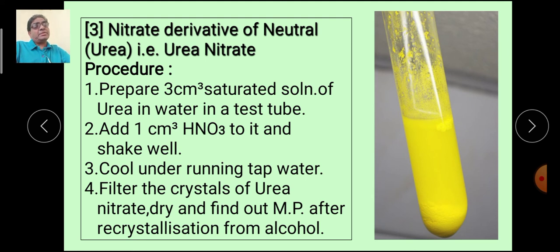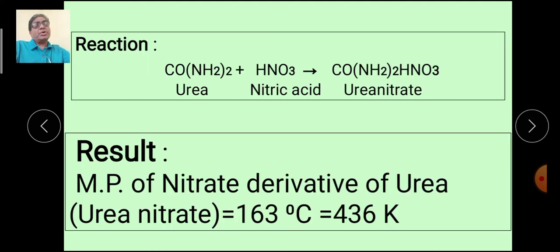The reactions involved: we have taken the urea, added nitric acid, and urea nitrate is formed. In the result, note down the melting point of the nitrate derivative of urea, which is found to be 436 Kelvin. Thus, these are the two derivatives of urea.